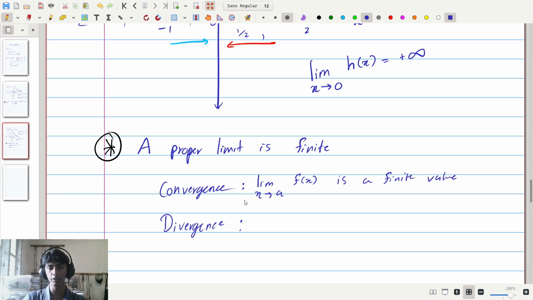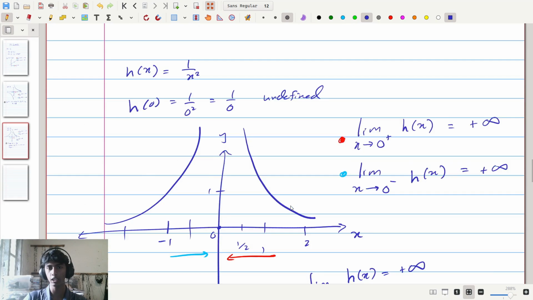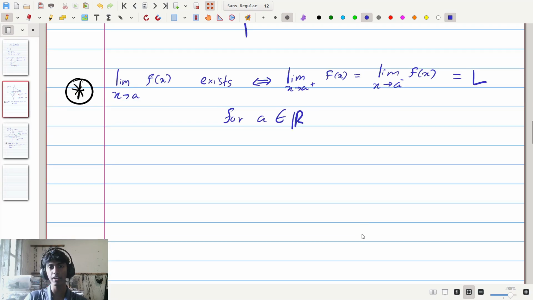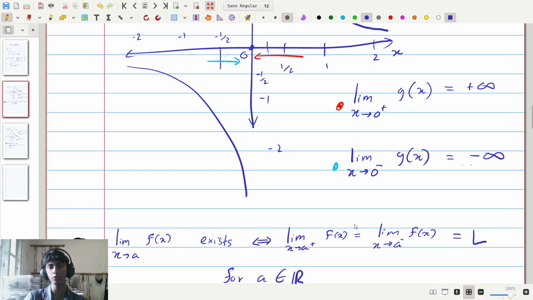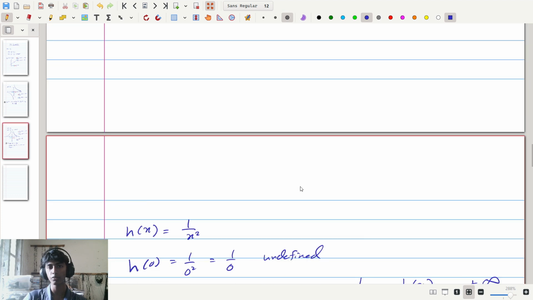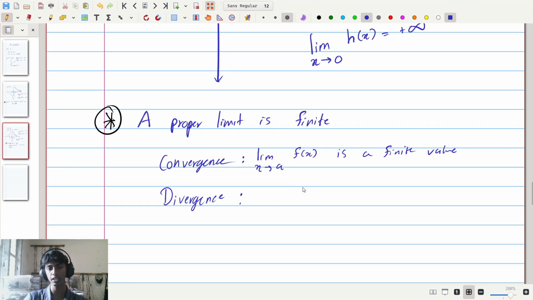And of course, we also need the case that the blue limit and the red limit agree. That would not be the case if the two do not agree. So first off, the limit as x approaches a of f of x needs to exist. If it exists and both sides agree, then given that it's a finite value, we will say that it's convergent. If not, if anything else, i.e.